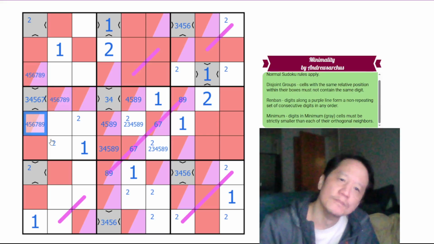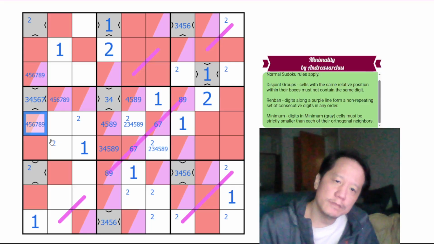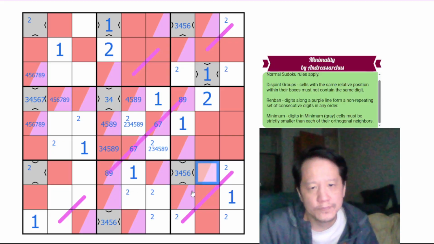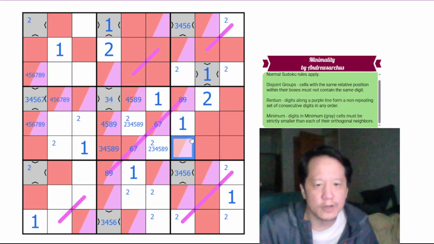Do we try pinks? Is that helpful? Yes, that might be helpful. Okay, let's look at pinks.